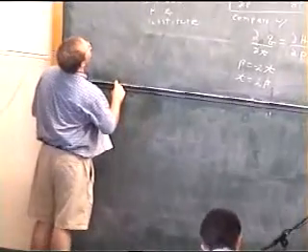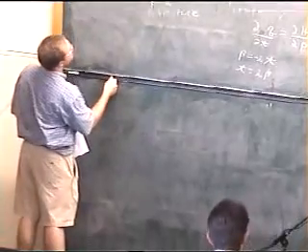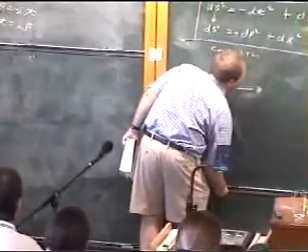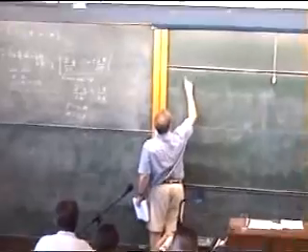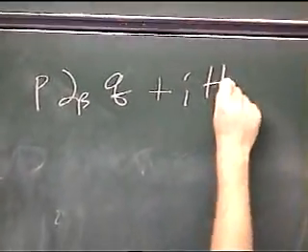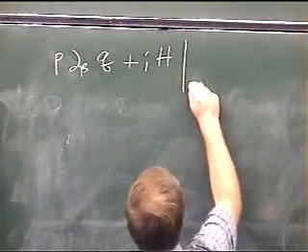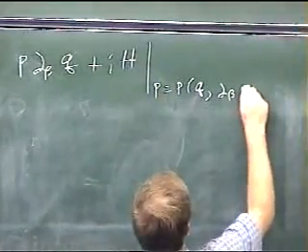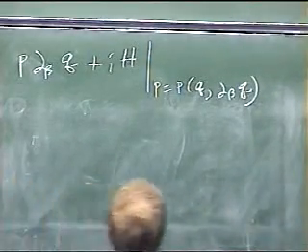Well, okay. The thing which appears in this exponential is, as you can see, p d beta q plus I h. And what we wish to do is evaluate this now, where p is some function of q and the velocity d beta q given by solving this equation here.